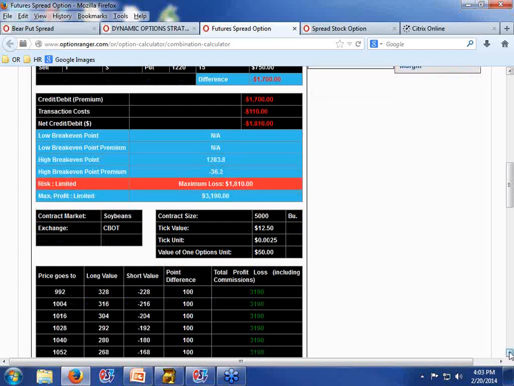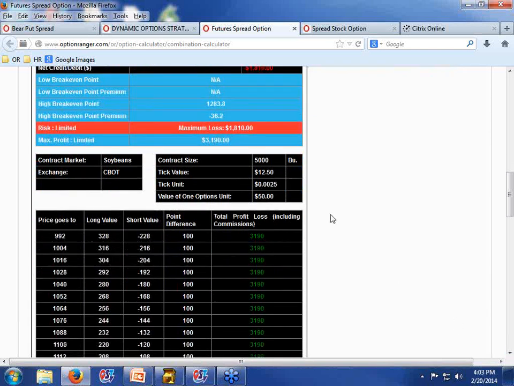So in this particular case, on break-even, it would be on premium would be 36.2. You should monitor those very regularly, along with the price of the contract.